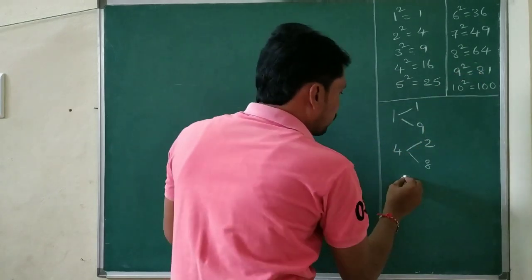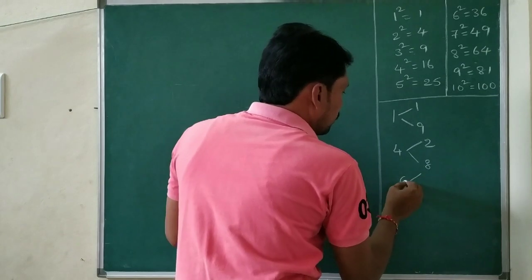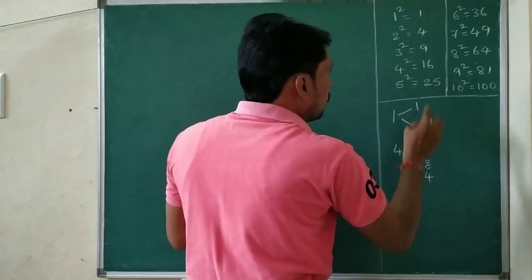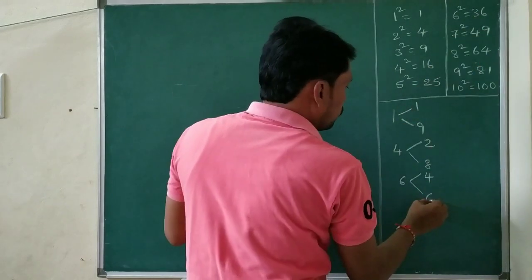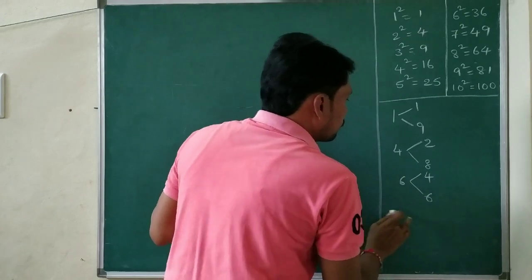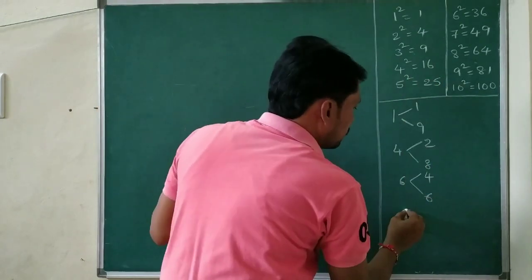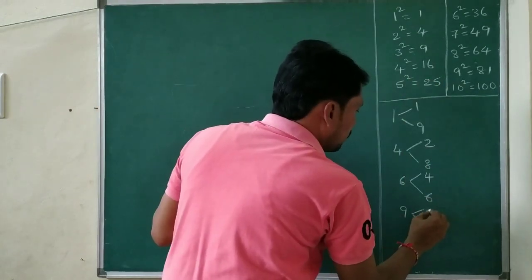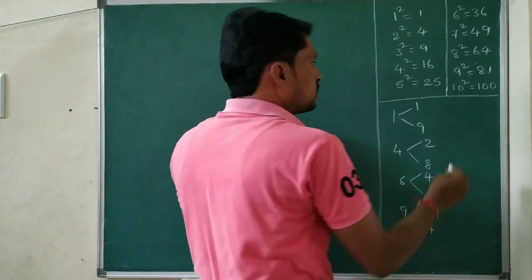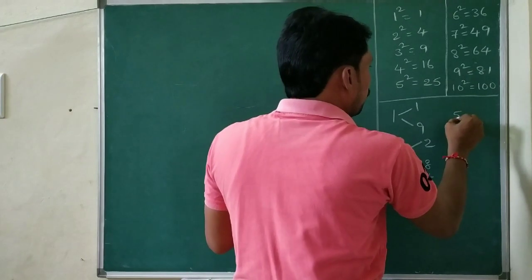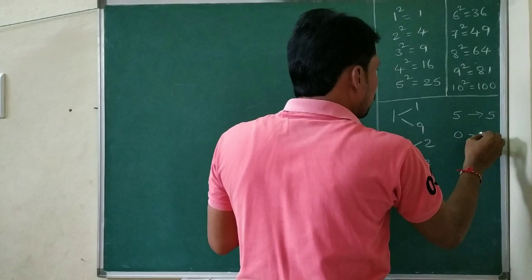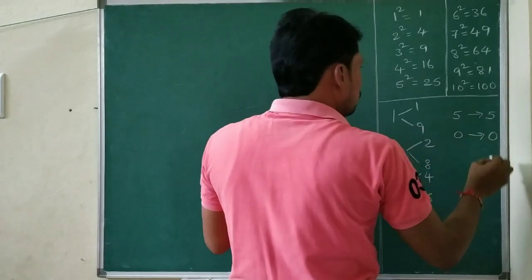Next 6: 6 comes from the 4 table and 6 table. Next 9: 9 comes from the 3 table and 7 table. The remaining one is 5, which we get with 5 only, and 0 we get with 0 only.